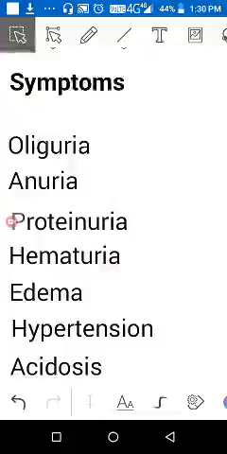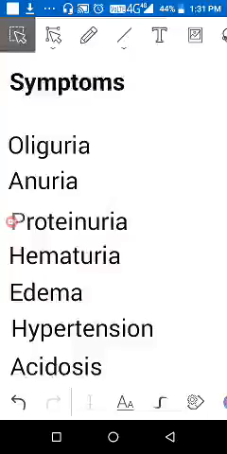Next one is the hematuria. What is hematuria? Hematuria is the presence of RBC or the presence of blood. It is most specifically manifested by the presence of RBC. Hematuria is the presence of blood in urine. So this can happen when there is any urinary tract infection or kidney stones or abnormal filtration itself.